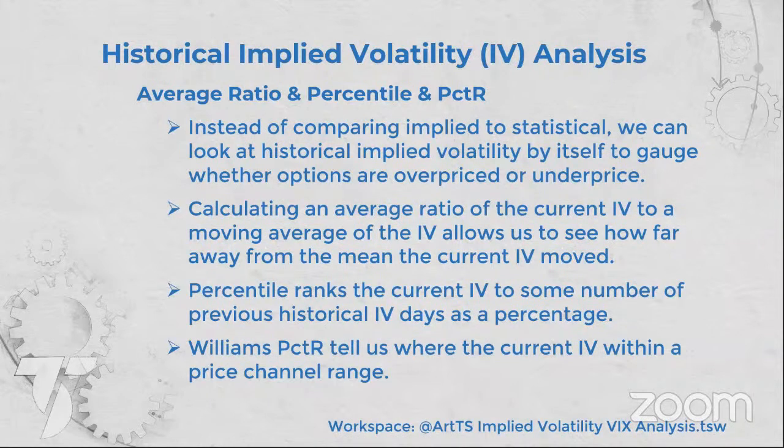I really like the average ratio the best, but most options traders have heard educators and have seen books where they talk about percentile. And percentile is very valuable, don't get me wrong. But I don't think it's the best measure for whether something has high volatility or not. And I think average ratio is the best for that. So I wanted to include all of them so that however you feel about looking for this type of information, overpriced, underpriced options, you have all three of them here in this indicator.